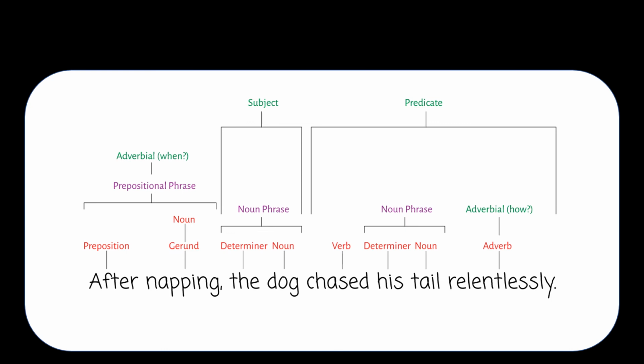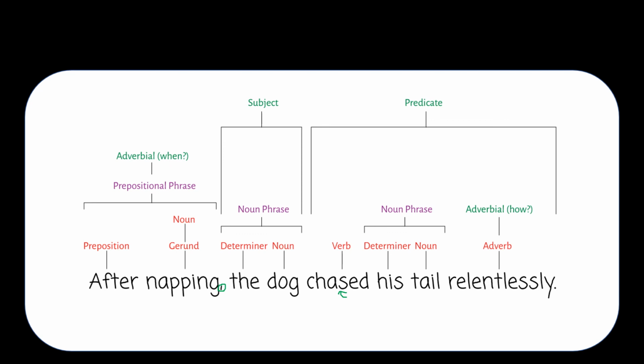Let's look at this one. We have after a preposition, and napping is a gerund. Remember that nouns come after prepositions. So this is a prepositional phrase. It is describing when it happens, so it's an adverbial. Notice that it's a sentence beginning with an adverbial, so we'll put a comma there. We have a noun phrase, the dog, which is the subject. Then we have the main verb, the head of the predicate, is chased.